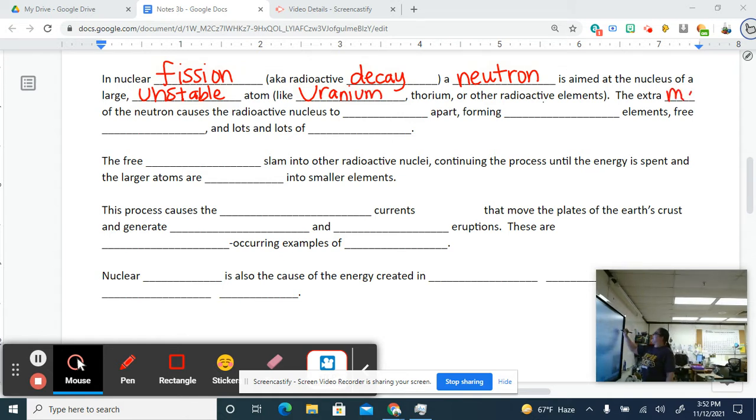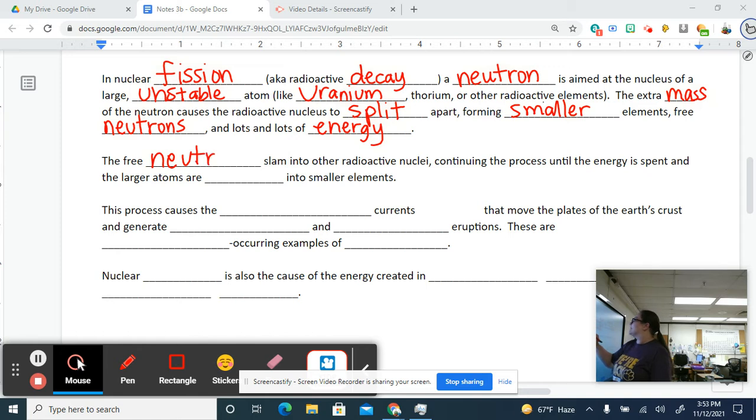The extra mass of the neutron causes the radioactive nucleus to split apart, forming smaller elements, free neutrons, and lots of energy. The free neutrons slam into other radioactive nuclei, which continues the process.